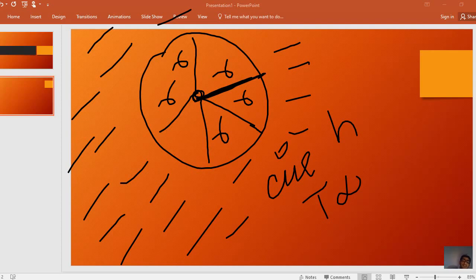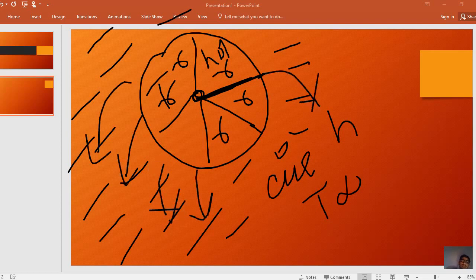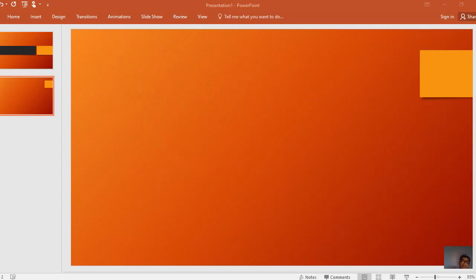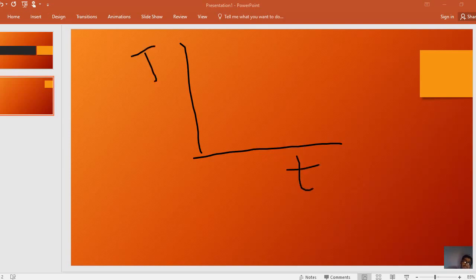Suppose there is a hot sphere at temperature T, and the heat will transfer from the sphere to the surrounding. The temperature in the sphere will decrease with the passage of time, and also in the r direction. The graphical representation of the temperature in the sphere will look like this. With the passage of time, the temperature in the sphere decreases. It can form a graph in this form, or it can decrease in this form.